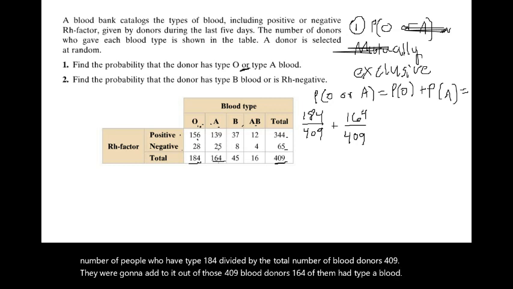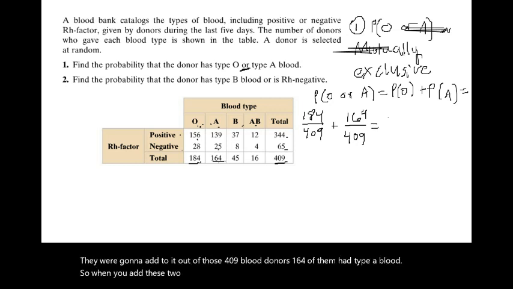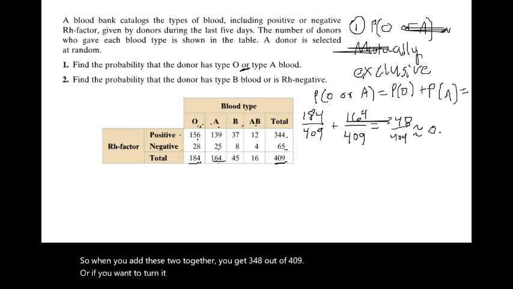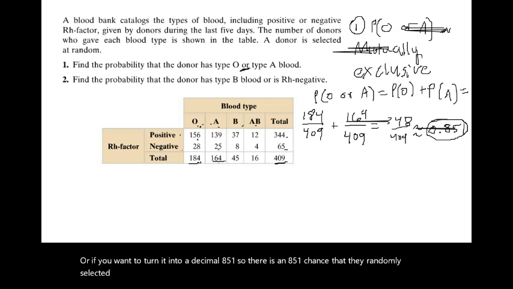When you add these two together, you get 348 out of 409, or if you want to turn it into a decimal, about 0.851. So there's an 85.1% chance that a randomly selected blood donor has type O blood or type A blood.